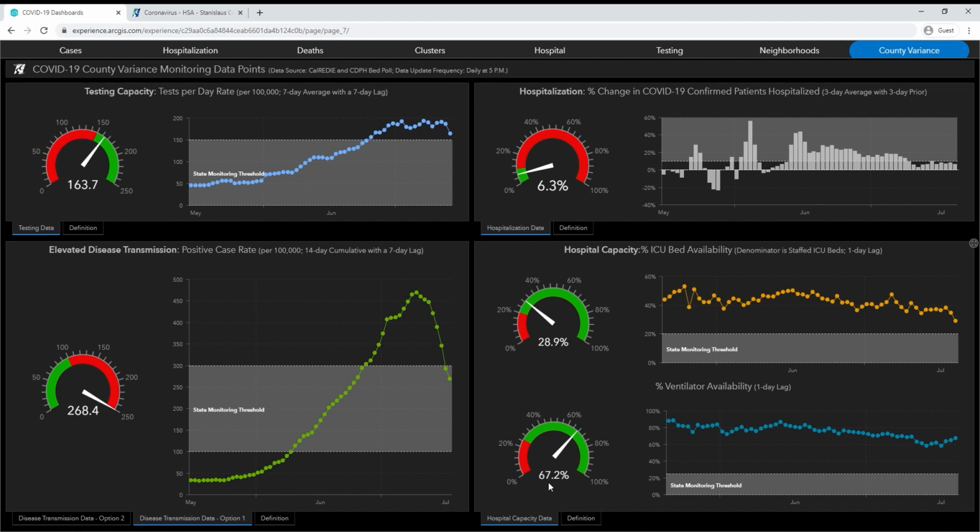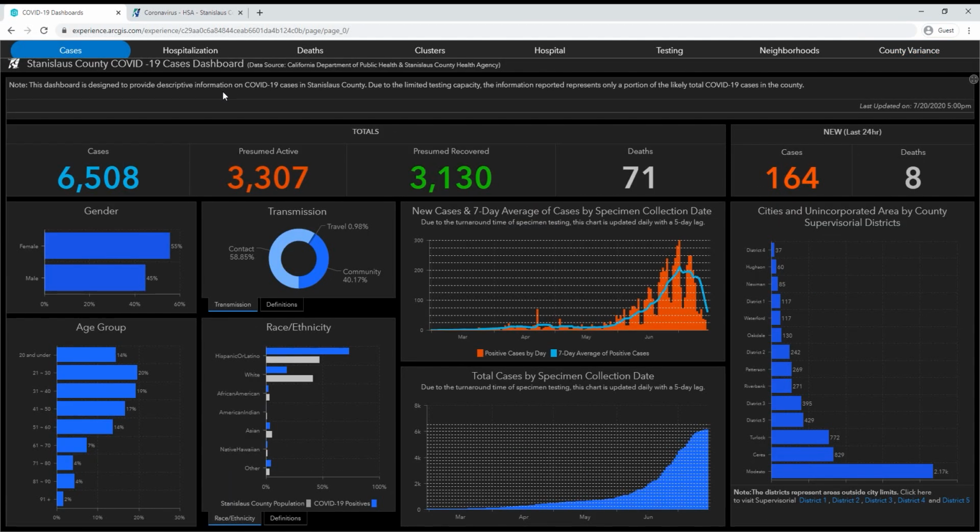Here we have reported 67.2% ventilator availability, so we are above the state threshold. Hospital capacity ICU bed availability does not break down ICU beds by adult or neonatal. Rather, it looks at the total number of ICU beds available and staffed. The County Variance tab is a good place to see how Stanislaus County is meeting the state monitoring threshold standards. The Stanislaus County COVID-19 Cases Dashboard is constantly changing based on new cases reported, information gathered during investigations conducted, and information reported from our community partners.